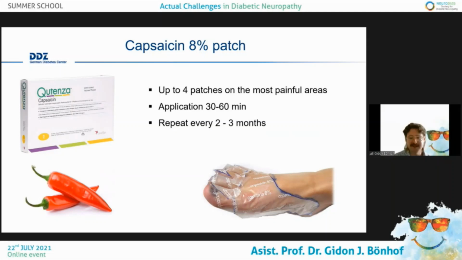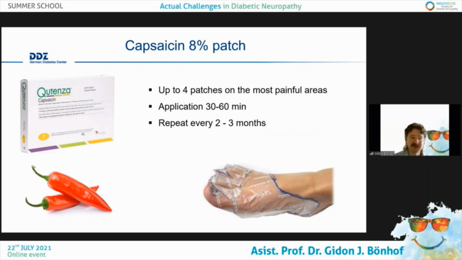But there are no studies that examine whether capsaicin increases the risk of diabetic foot ulcers, because if you have fewer nerve fibers in the skin, the risk for foot ulcers increases. So it is safer to use it in parts of the foot that are not on the plantar aspect of the foot, in my opinion. That may not be scientifically studied in clinical trials, but you should keep that in mind.